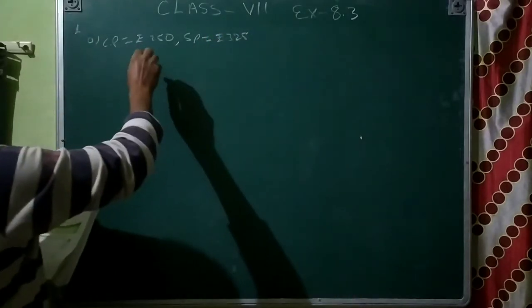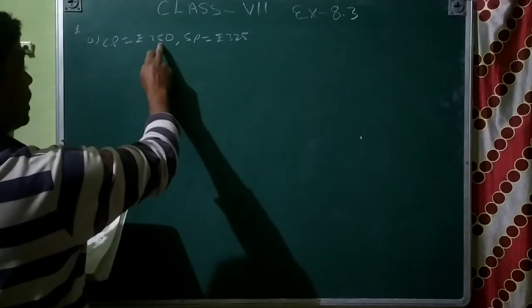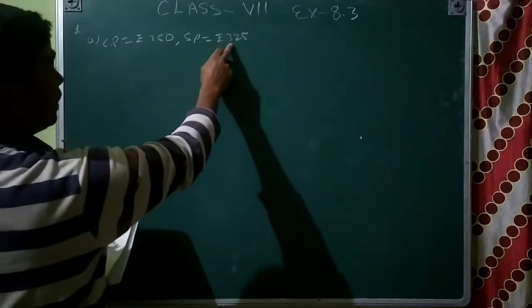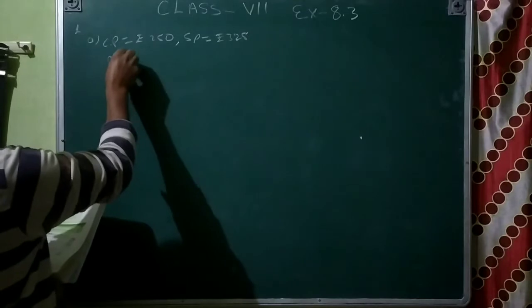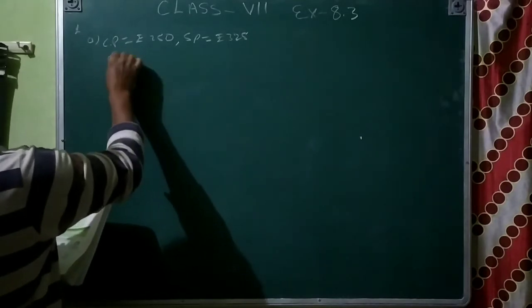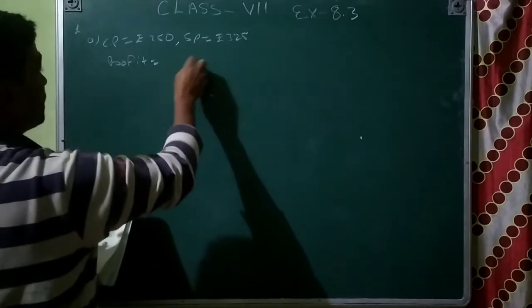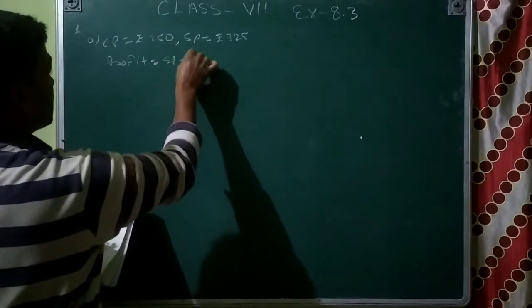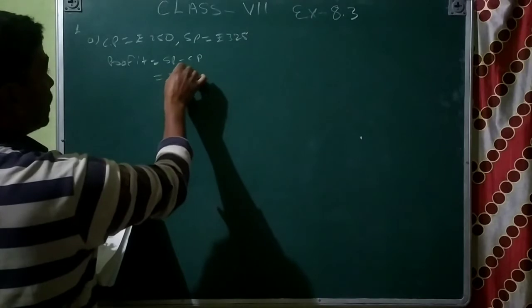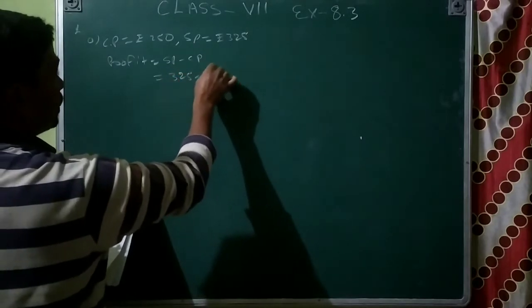If a person has purchased at 250 and sold at 325, that will be a profit. Profit or gain is SP minus CP, so that is 325 minus 250.